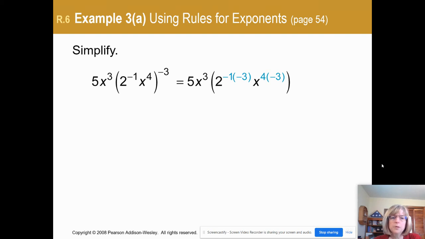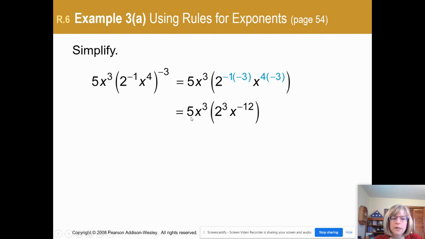for exponents, which says I'm going to take this negative 3 times the negative 1, and I'll take the negative 3 times the 4th. Often we think of this as distributing this exponent, but the term distribution doesn't really apply the way it's meant to. So now we have 5x to the 3rd power times 2 to the positive 3, x to the negative 12.